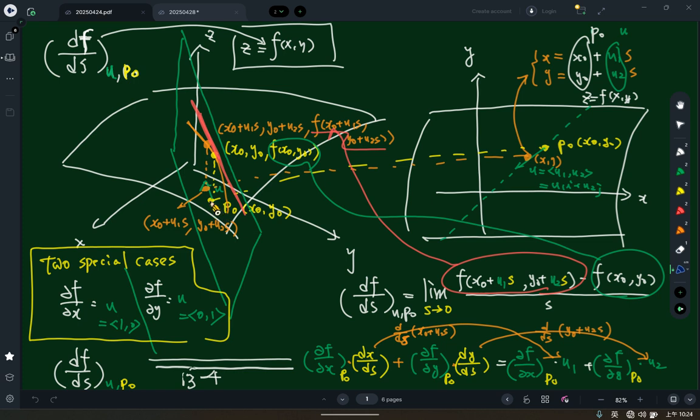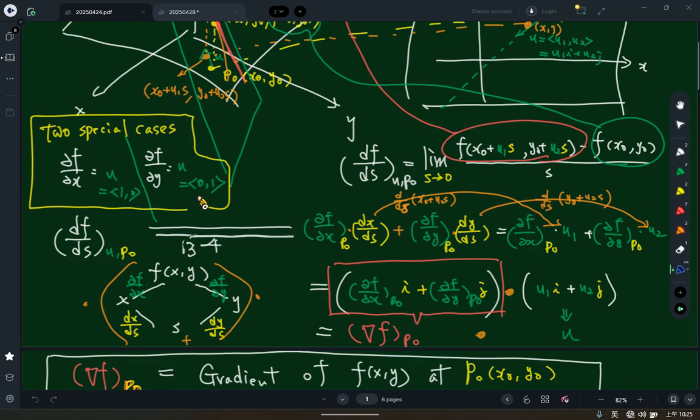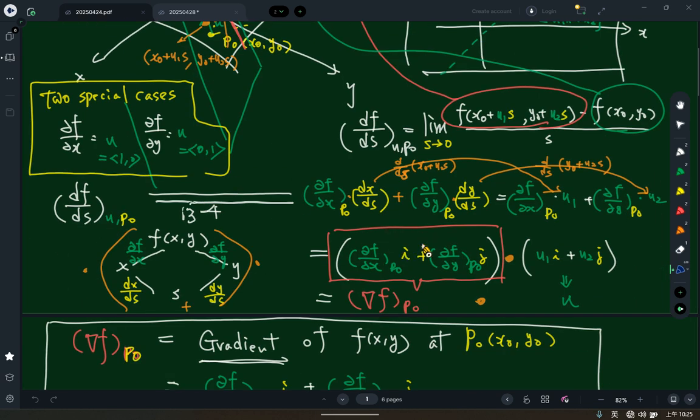And then the final one is the direction u, and u here must be a unit vector. That means the length of the vector should be 1. Okay? So if you have these three elements, then you can get the directional derivative.